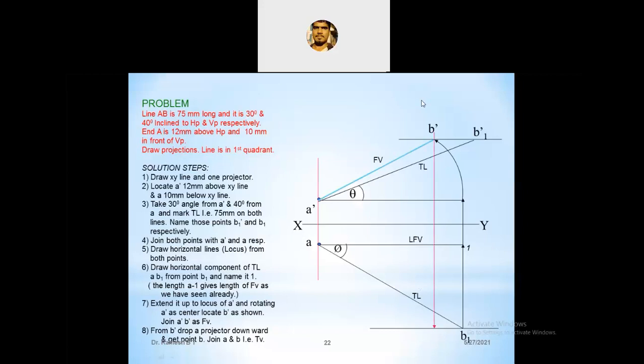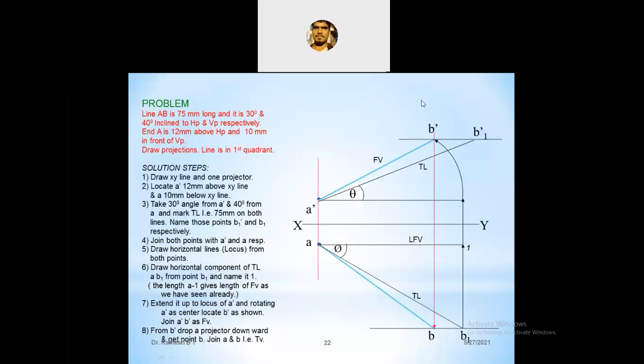Similarly, you can go with the same procedure for the top view, or else, as I told, A dash B dash and A B are always in line, and they are the end projectors. So directly draw one vertical line from B dash up to B1, you will get one point. Name it as B and join, it will become the top view.